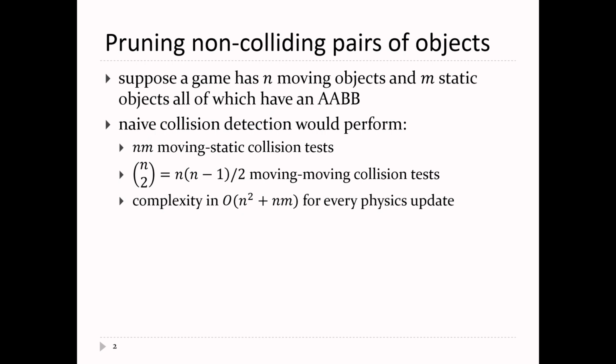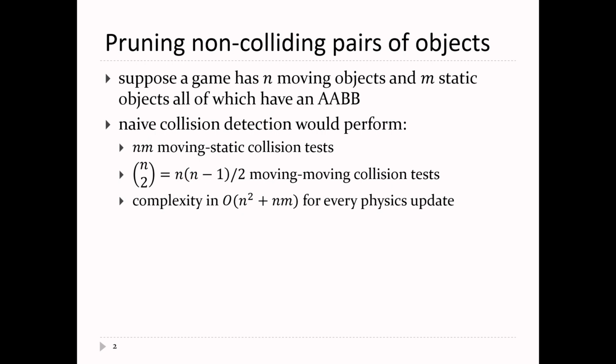But the big problem is that you have to test whether any pair of your moving objects collide with one another. How many moving object collision pairs do you have to consider? Well, you have n objects, and you want to consider all pairs, so it becomes n choose 2, which is n squared in complexity.